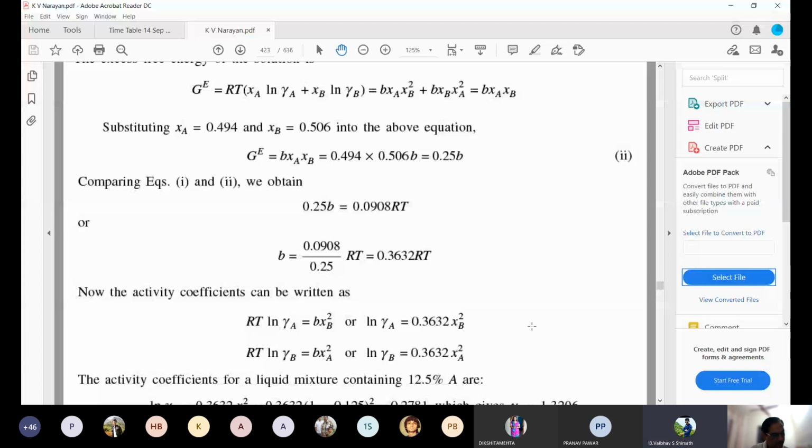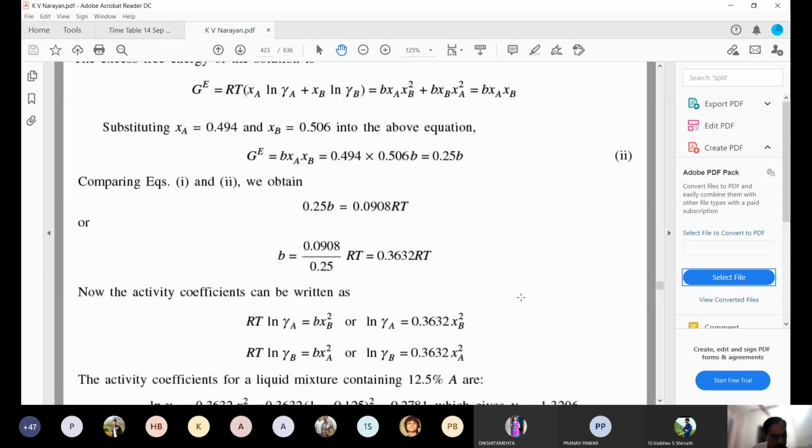Gamma A into PAS. Yeah, but do you know the vapor pressure? So if we use Raoult's law, we need to know yi, right?